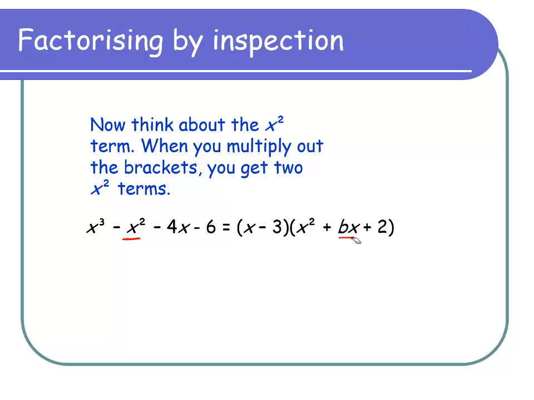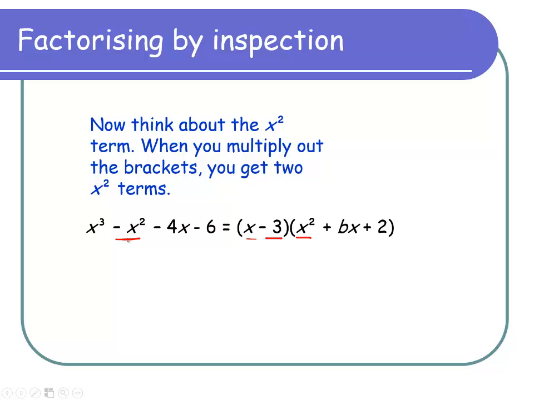The first one is -3x squared, multiplying out -3 with x squared. The second one is x multiplied by bx, which is bx squared. So we've got -3x squared and bx squared, and they have to equal -x squared.